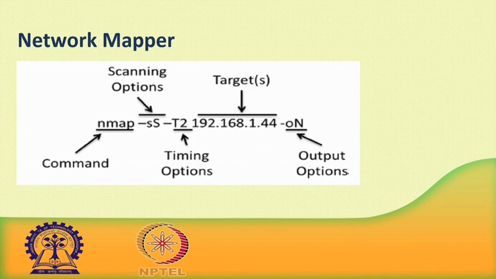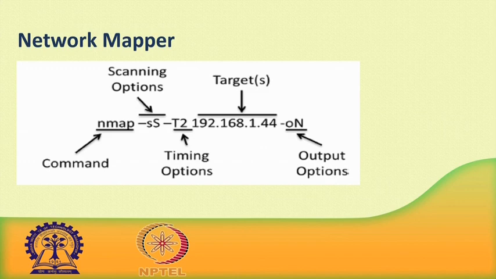You can specify them with the dash capital T option and their number from 0 to 5 or their name. The template names are paranoid, we use 0 for paranoid, sneaky we use 1, we use 2 for polite, we use 3 for normal, we use 4 for aggressive, and we use 5 for insane scan.